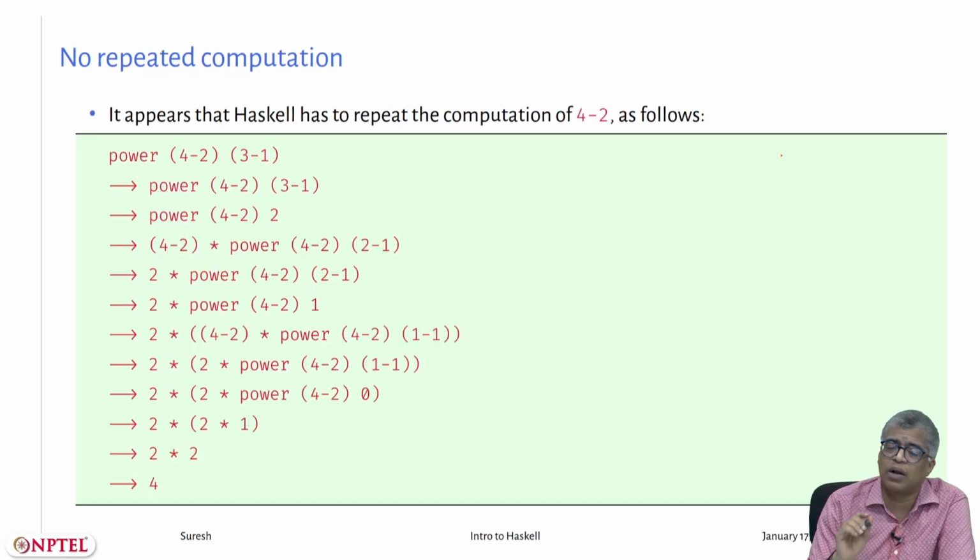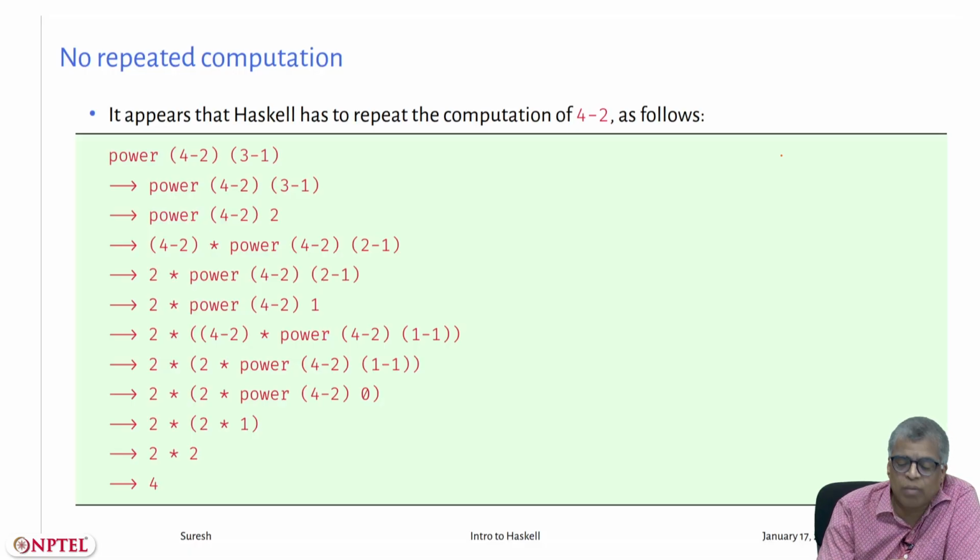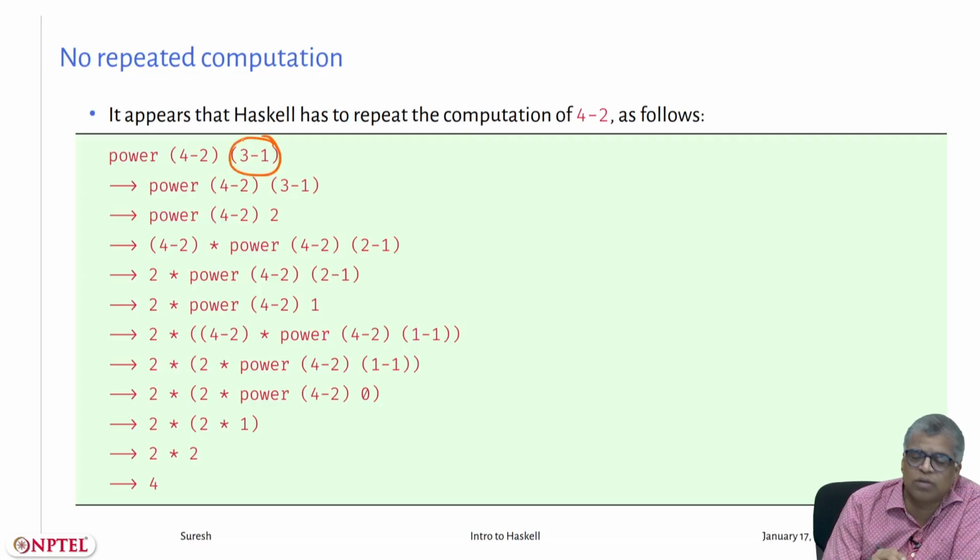But what Haskell will do is the following. If I have to do power (4 - 2) (3 - 1), Haskell first determines which rule should be applied, and to determine that it should simplify the 3 - 1 first. So it will make this whole expression into power (4 - 2) 2 first.